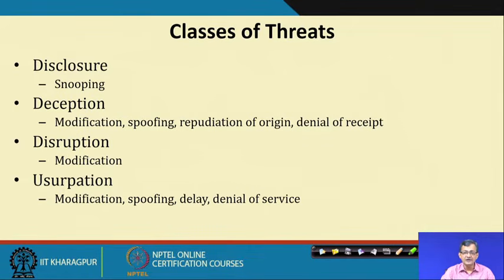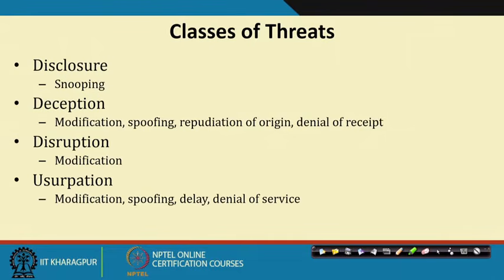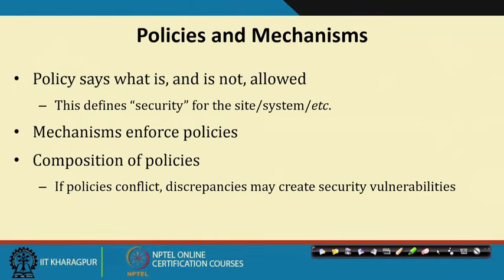So, these are the different categories of threats. What we are trying to see is the different types of security attacks, security concerns, and security threats, right. And then we try to make some policies and mechanisms, where the mechanism will enforce my policy.